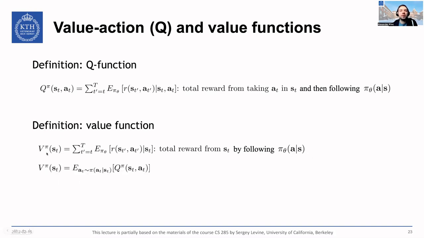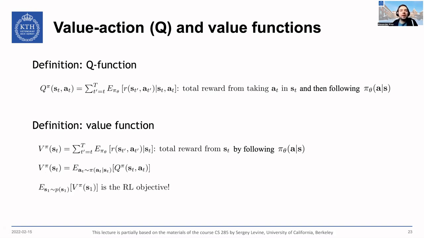So then this value function can be rewritten with the help of the Q function. By taking all possible actions given our policy, we calculate the expected value of the Q function given that action.